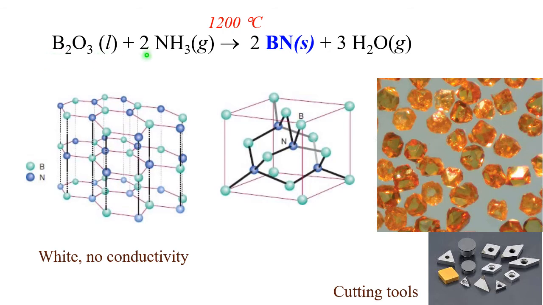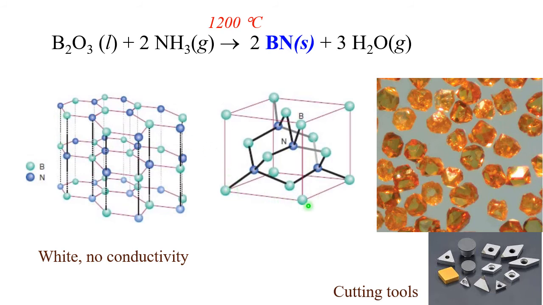Boron oxide can react with ammonia gas at very high temperature, giving boron nitride. There are several polymorphs of boron nitride. One of them resembles carbon, graphite.